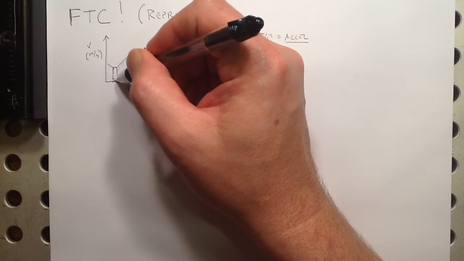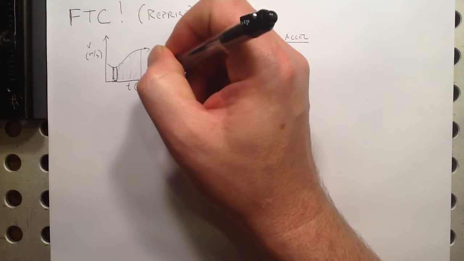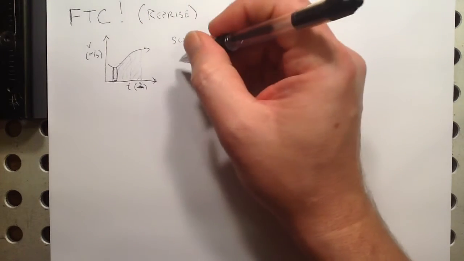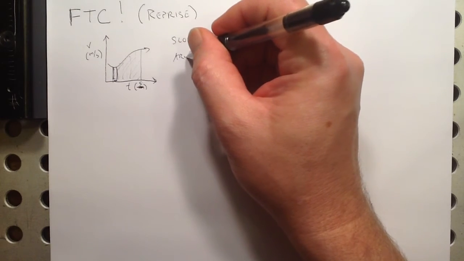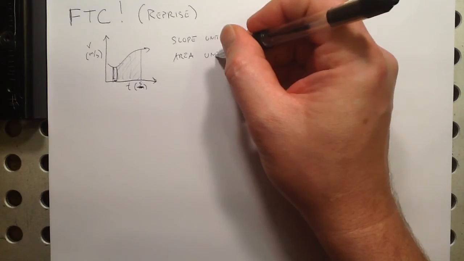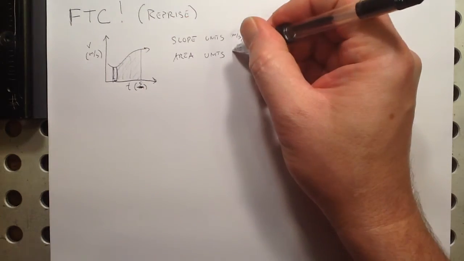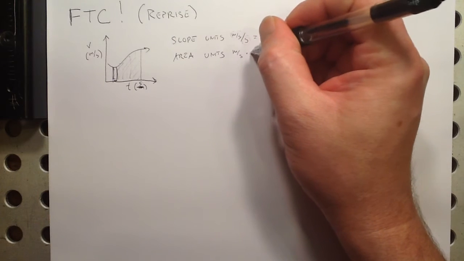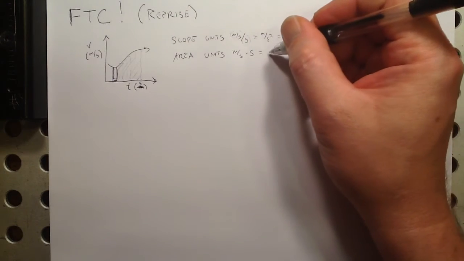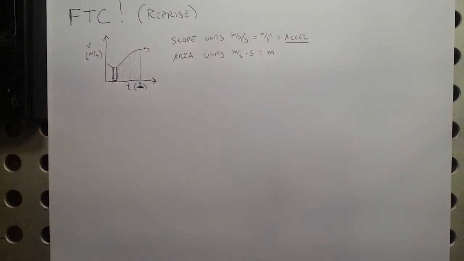The area of all our little rectangles would be these heights, meters per second, times these seconds. So the area units would be meters per second times seconds, which would be, the seconds would cancel, so we'd get meters.